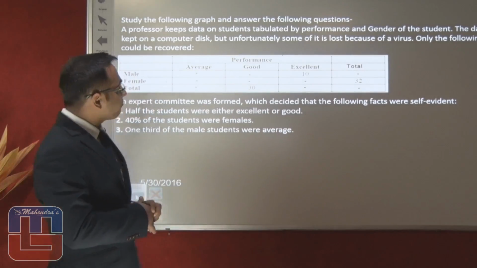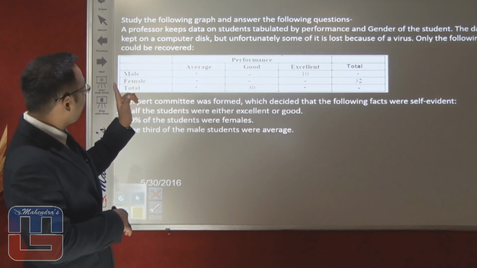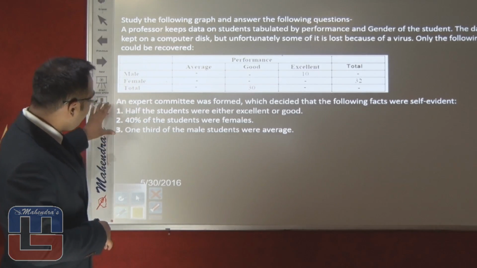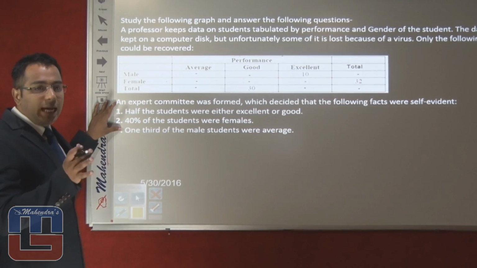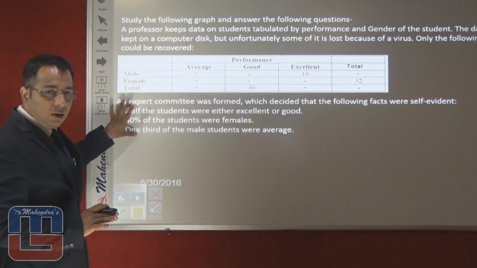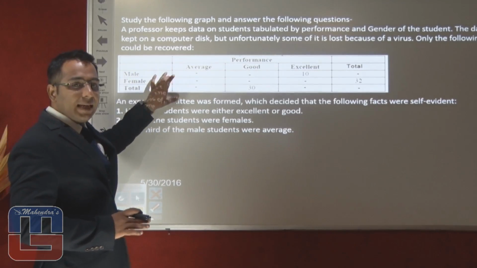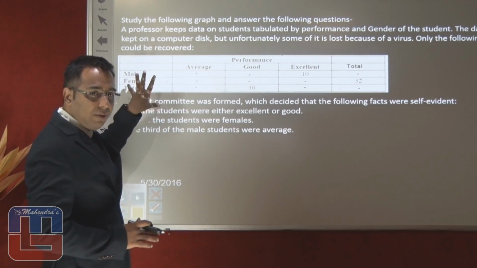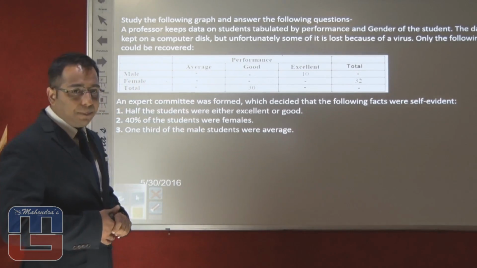Now all of the following should be recovered. Here it is a puzzle and a missing DI, both in a mixed form. We have to use the given information to fill the missing data here. Let us see how we can do it.